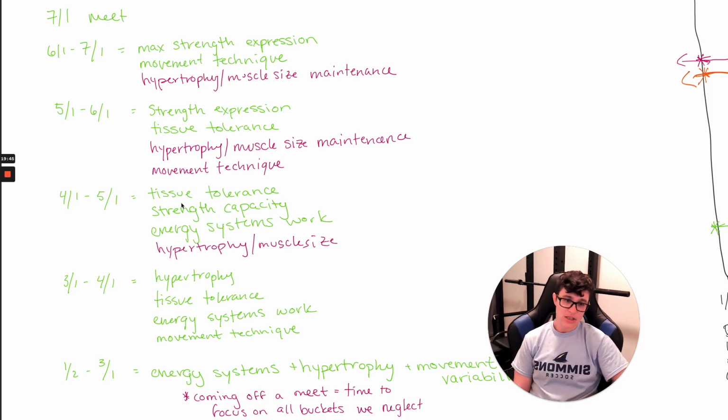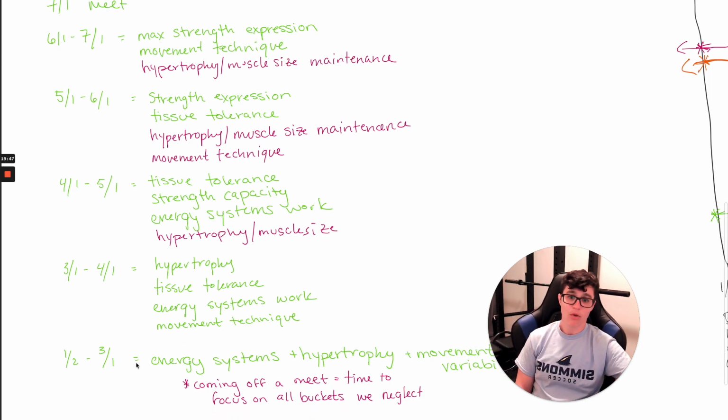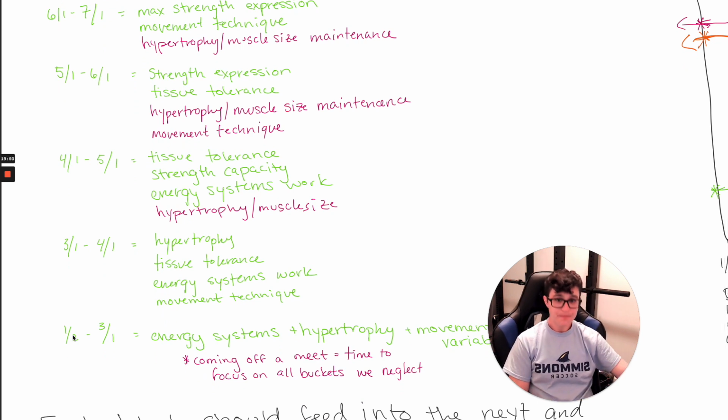So movement technique is thrown in there right now because the block before it, right here, 1-2 to 3-1, that's 2 months, is going to be where we mainly focus on hypertrophy, movement variability, and energy systems, building the base and targeting the areas that most powerlifters do not target so that we can have more to build off of. Again, sometimes our greatest limiter is something like our energy systems or our ability to pump oxygen to the muscle. If we continue to neglect that, it's going to continue to be our biggest limiter.